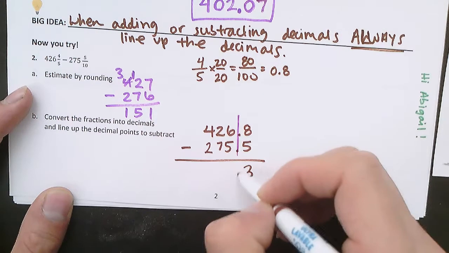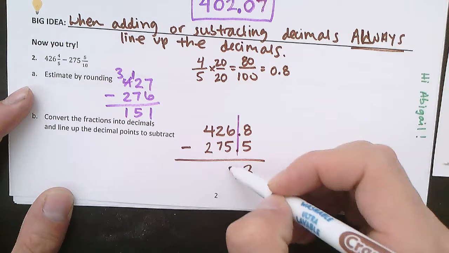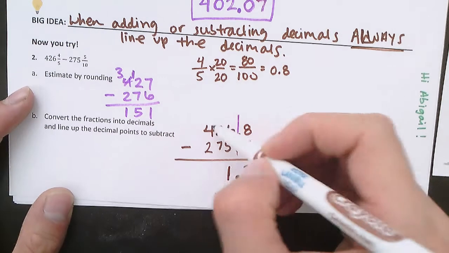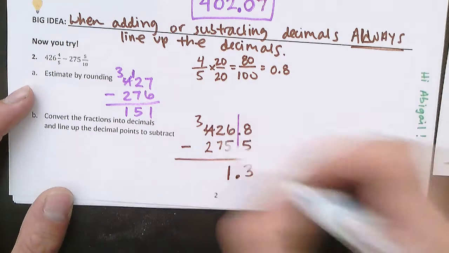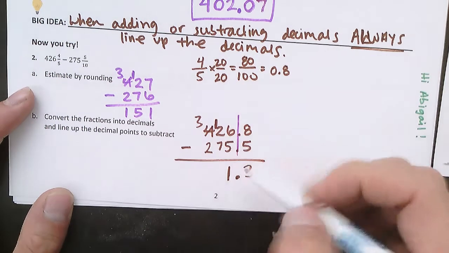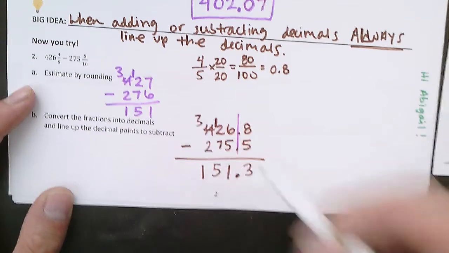The decimal carries straight down. 6 minus 5 is 1. 2 minus 7, okay, I'm going to have to borrow here. Borrow from the 4, bring another 1 here. 12 minus 7 is 5, and then 3 minus 2 is 1.